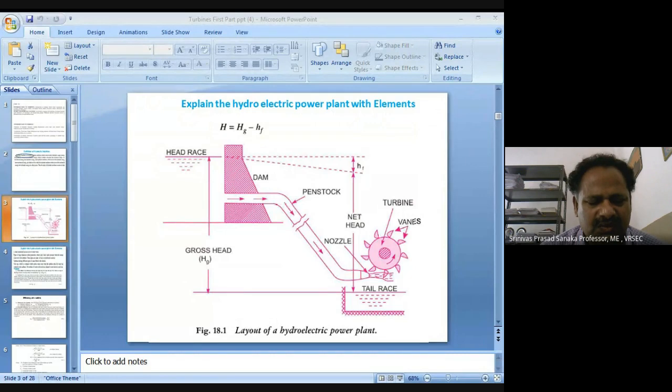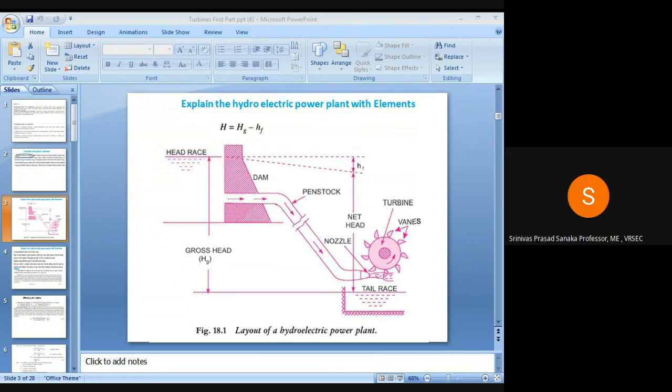How hydroelectric power can be harnessed from water can be understood from the layout. This layout will give the basic idea of how to generate mechanical energy from hydraulic energy using a hydraulic turbine.